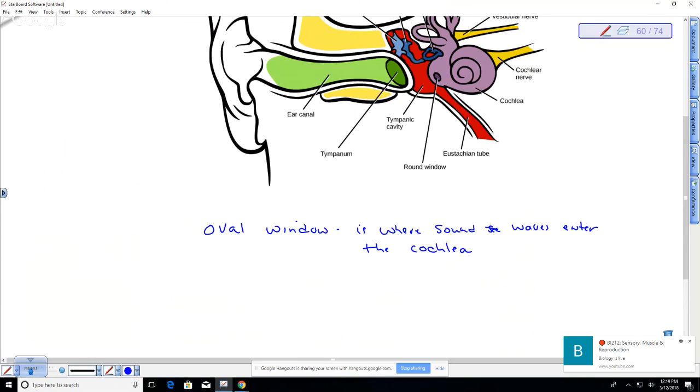Sound waves also have to exit the cochlea, and they exit via what is called the round window. So I'll just put in parentheses, they exit via the round window. Both of these are on the diagram that is in your textbook.